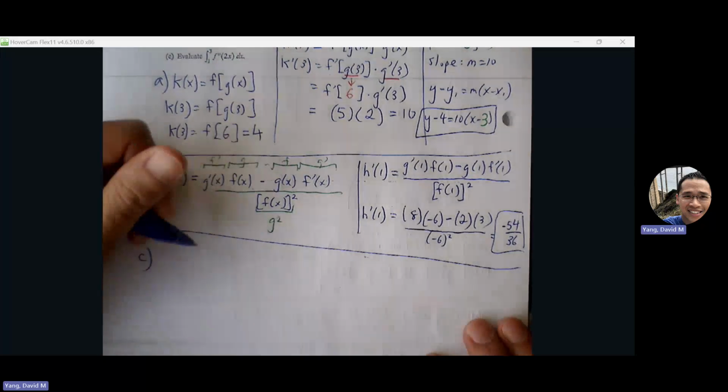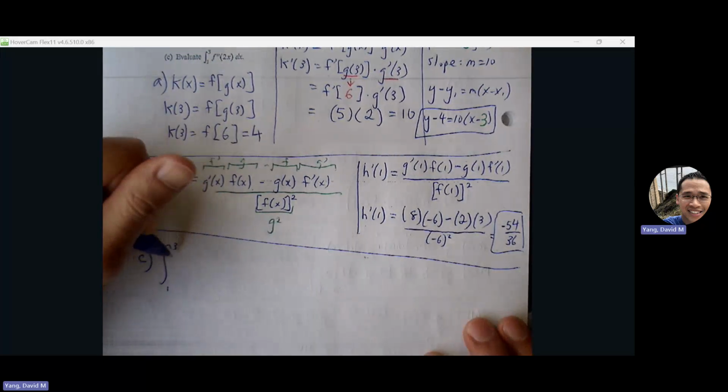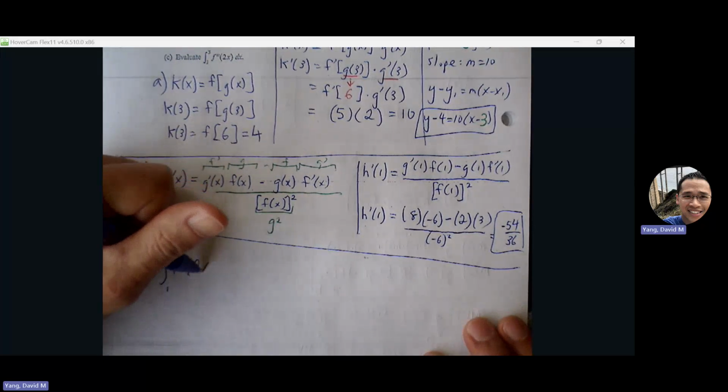Part C, evaluate the integral from 1 to 3 of F double prime of 2X.